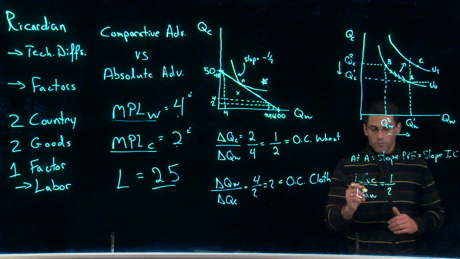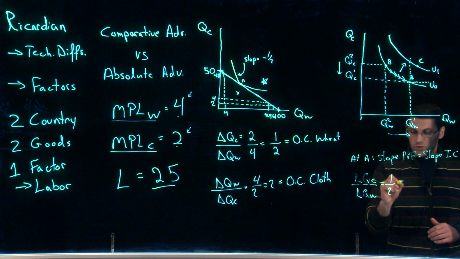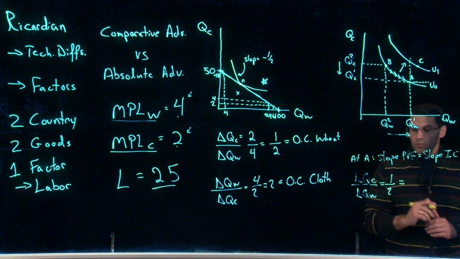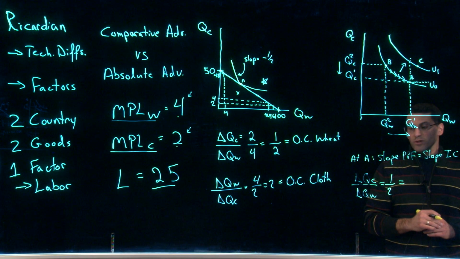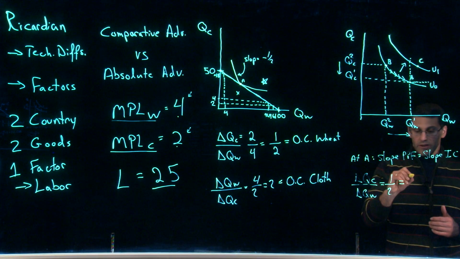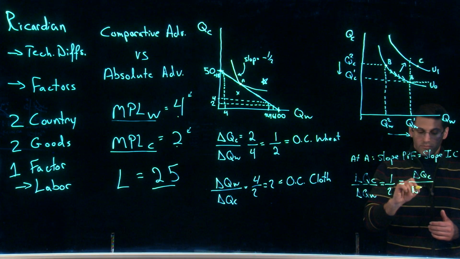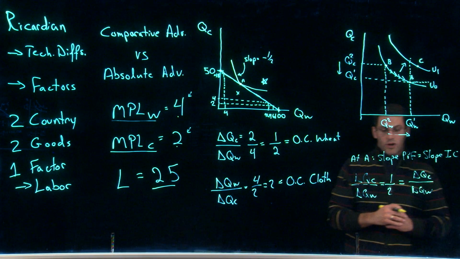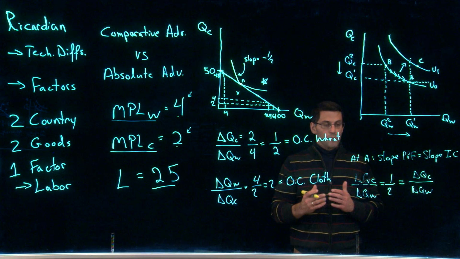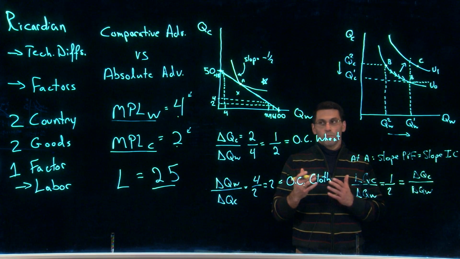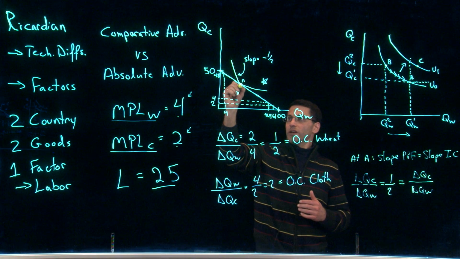Well, in equilibrium, that trade-off, that 1 for 2 trade-off, is going to be equal to the slope of the indifference curve, which is, again, measured in terms of the change in the quantity of cloth over the change in the quantity of wheat. So in equilibrium, what is the point that gives us that equilibrium, this point A?